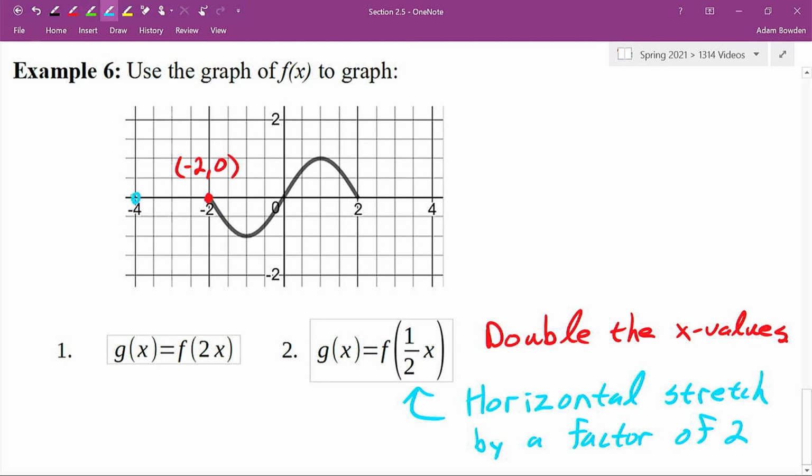That's going to stretch out now to the point -4, 0. And this point down here, that was at -1, -2, is going to stretch out to the point -2, -2. And we're going to see a similar pattern on the other side as well with those coordinates, as it stretches outward horizontally by a factor of 2.